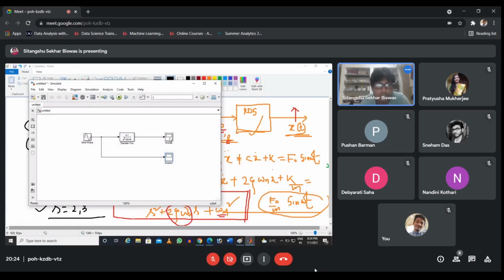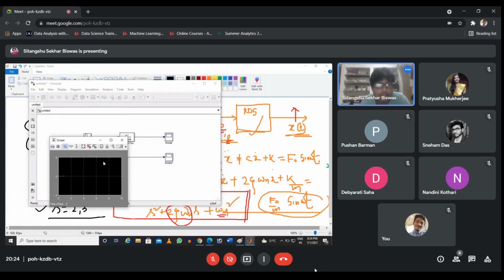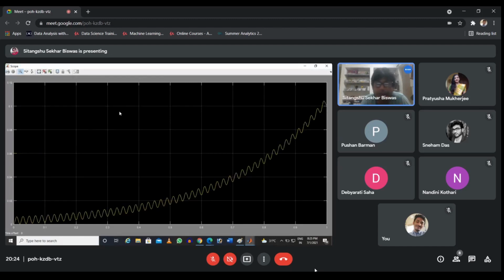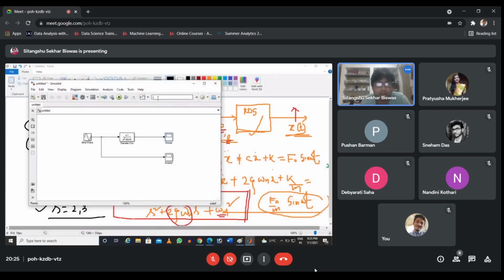Okay, so see, you will get the output here. Even though it is not reaching the steady state, let us increase the time to 2, let us say.